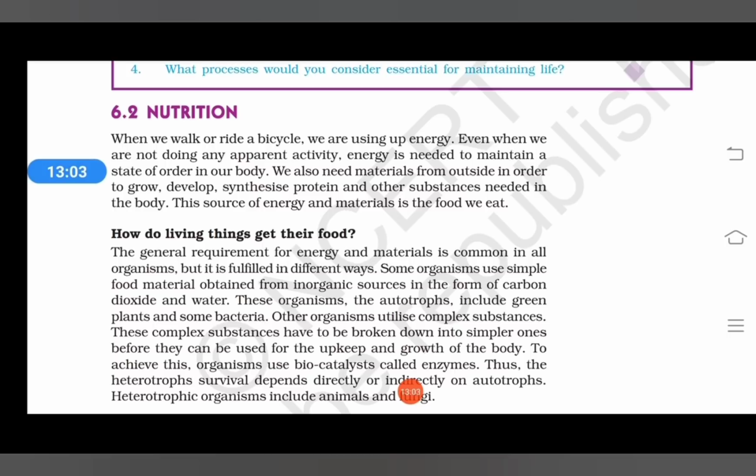This source of energy and materials is the food we eat. The body needs energy whether we are working or not. So the energy is obtained from the food that we eat, and the process is called nutrition.